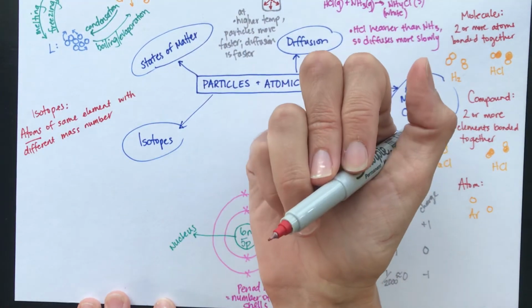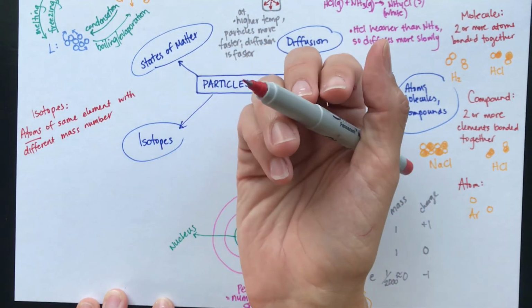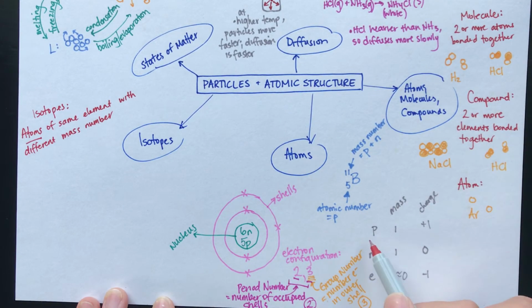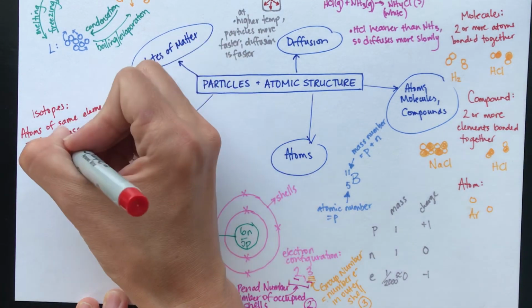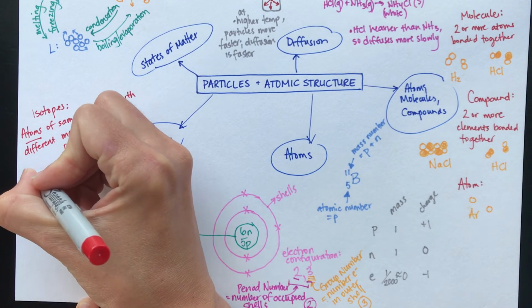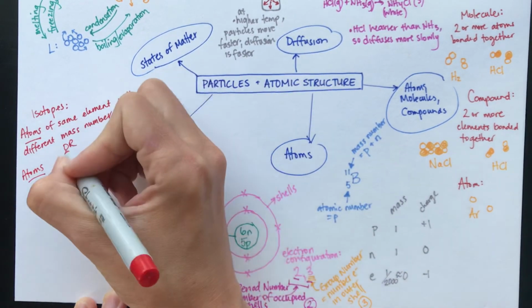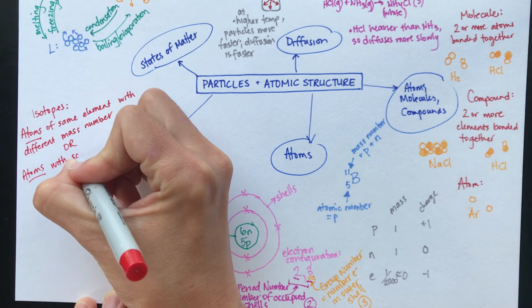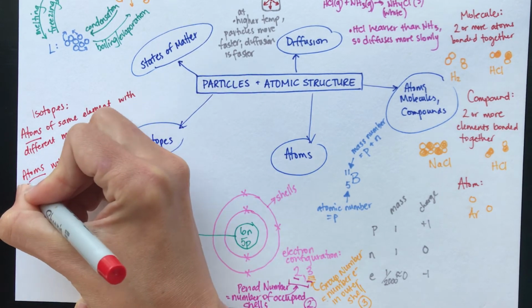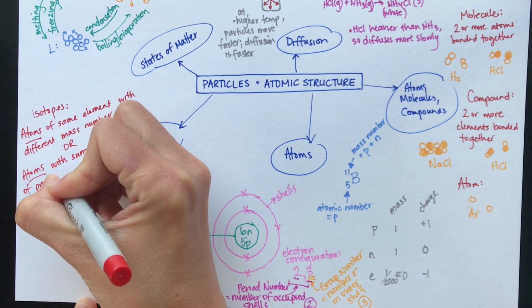This isn't the only way you can get marks for the definition. Sometimes they ask you to define it in terms of subatomic particles, which are these things, proton, neutron, electron. So if we were asked for that, put a big or here, we could say atoms again with the same number of protons but a different number of neutrons.